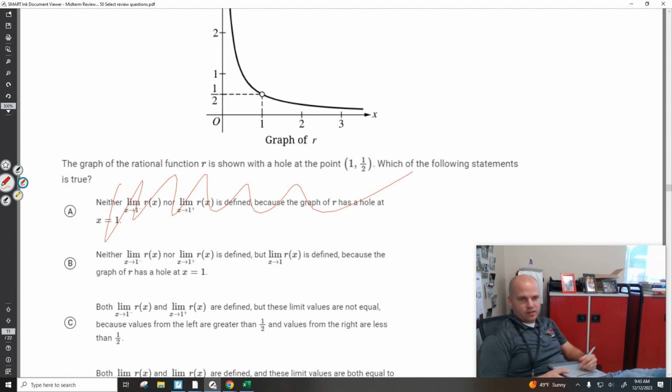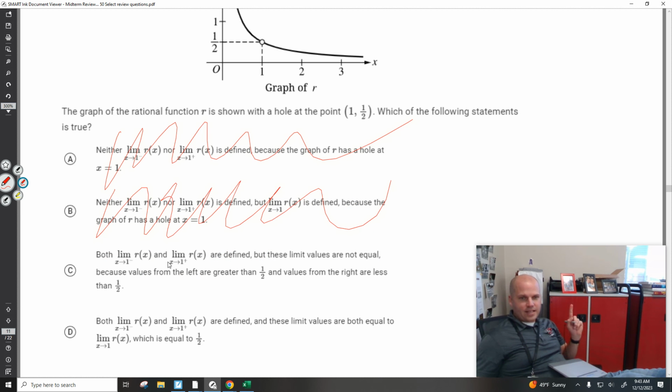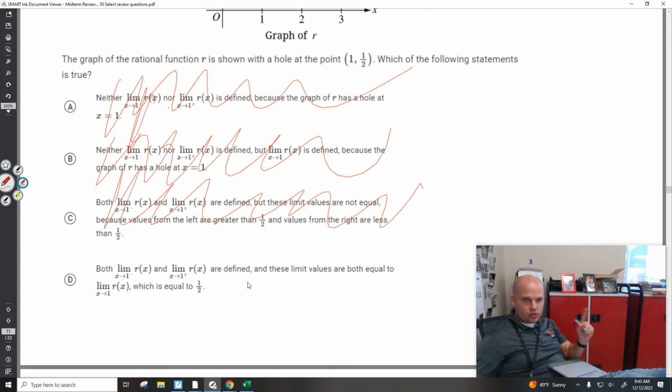As I get close to 1, I'm going to get close to a half. This is not correct. As I get close to 1, my limits, I will get close to a half. They're defined, but these, no. As I get close to 1, these values are getting closer and closer to 1/2, which is why the limit as x approaches 1 equals a half.